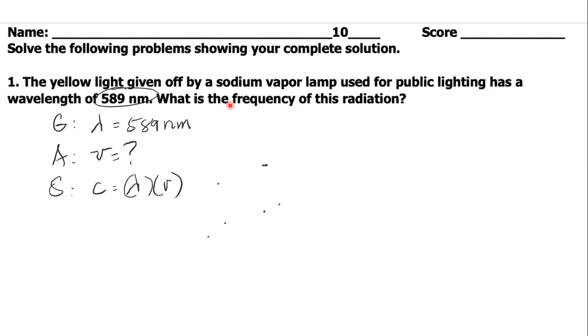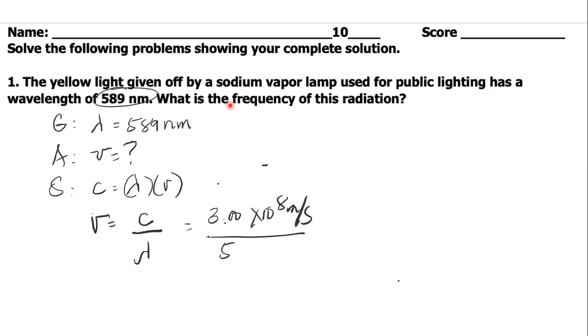With this, we manipulate the equation to solve for frequency. Frequency is equal to the speed of light divided by lambda, after which we substitute the value. So C is equal to 3.00 times 10 to the 8 meters per second divided by lambda, that is 589 nanometers.